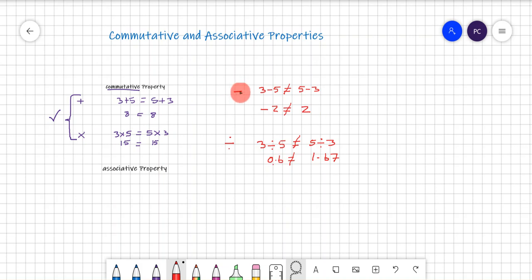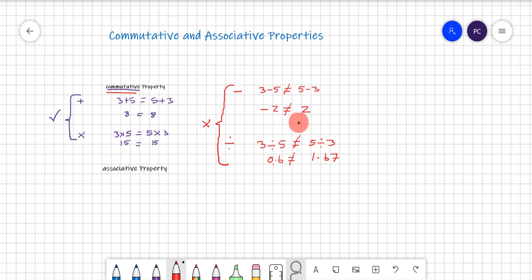So what we can say about subtraction and division is that they are not commutative. So it does matter which way. The way that you subtract and divide numbers in relation to each other has a significant impact on the answer that you're going to get.